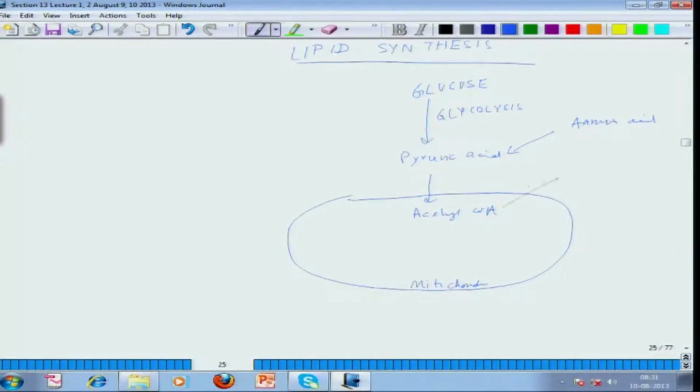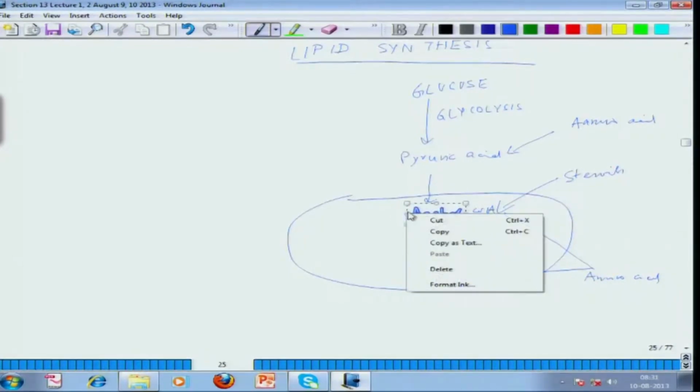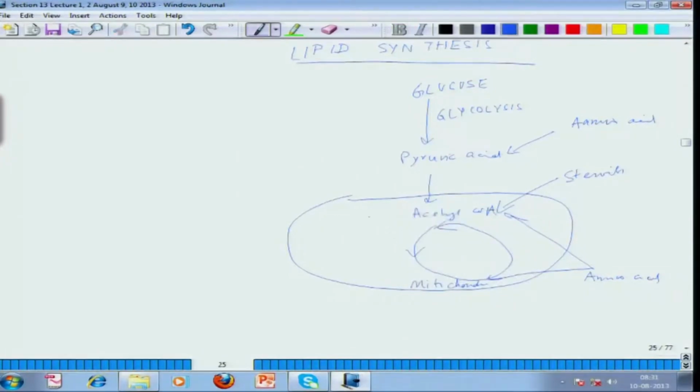So acetyl coenzyme A also interacts with steroids and amino acids; these are all different ways by which these different molecules get incorporated into the cycle. This acetyl coenzyme A, which is formed here, is the key.